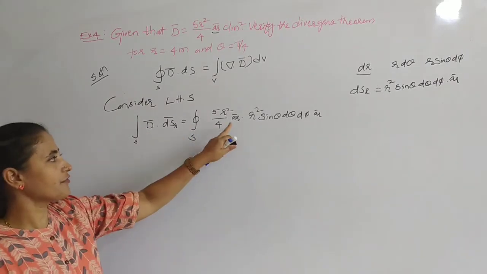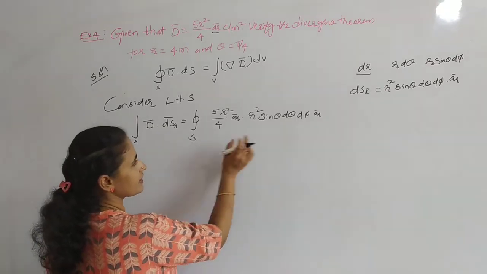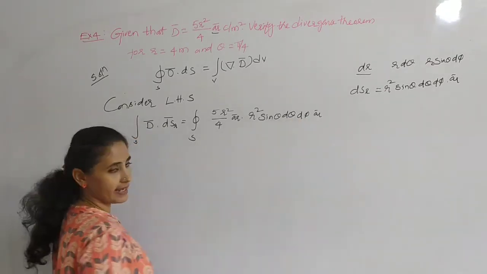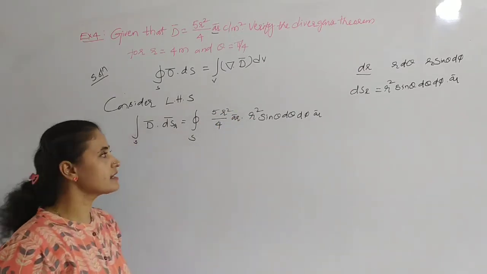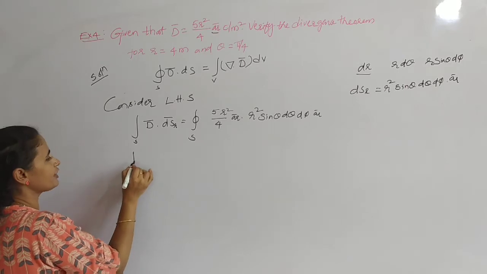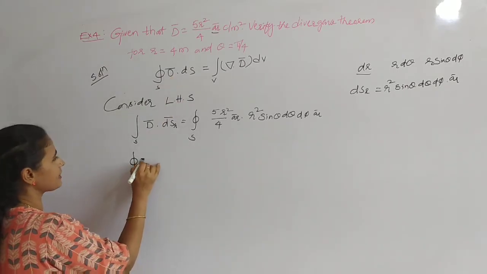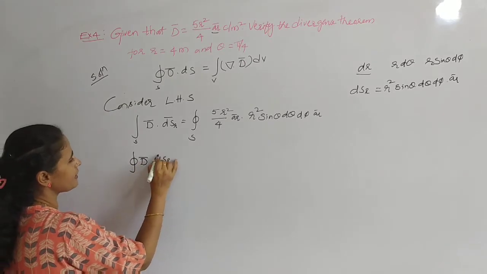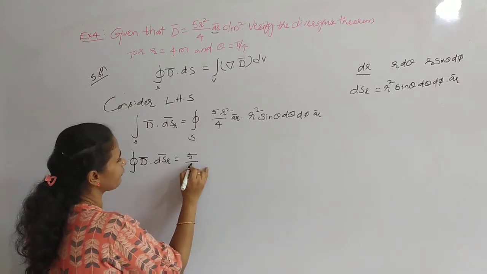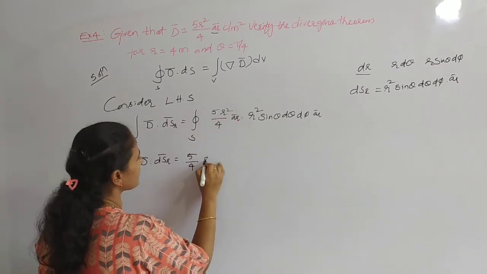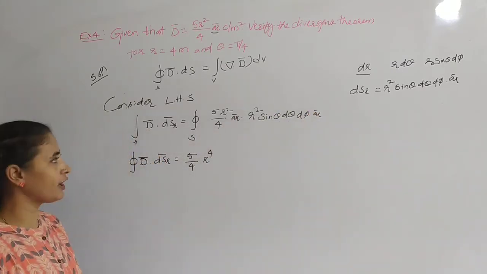The dot product of ar with ar will be 1, and there are two surface integrals, one for theta and the second for phi, and r and 5 by 4 are constants. So we are evaluating the LHS of the divergence theorem. D bar dot ds bar is given by the constant terms 5 by 4, r into r square is r power 4, and the dot product of ar with ar is 1.